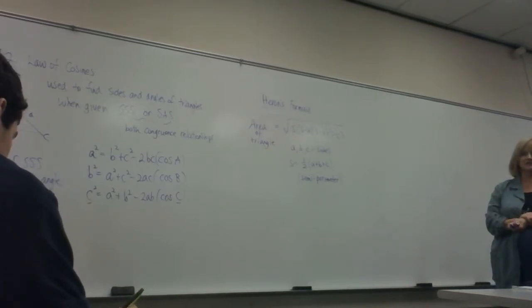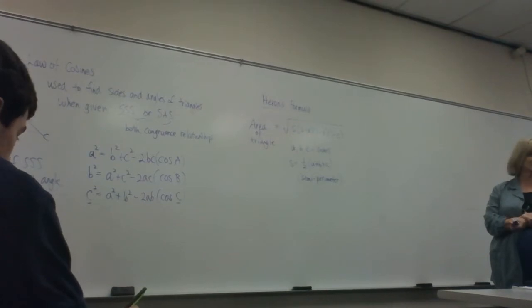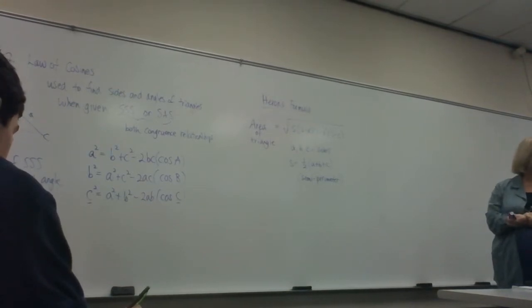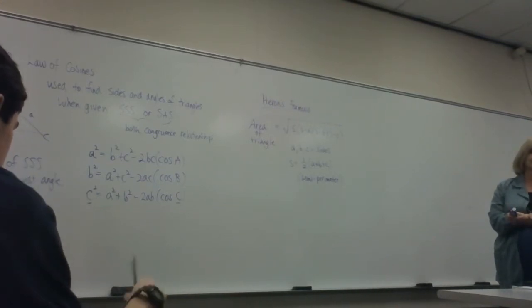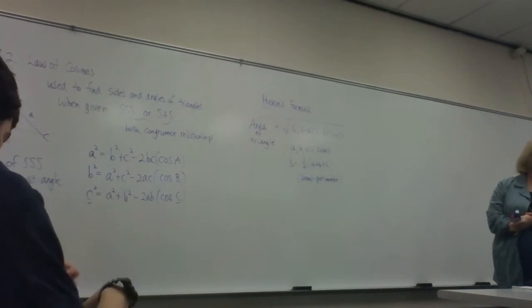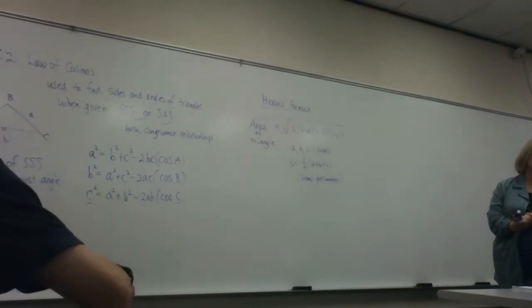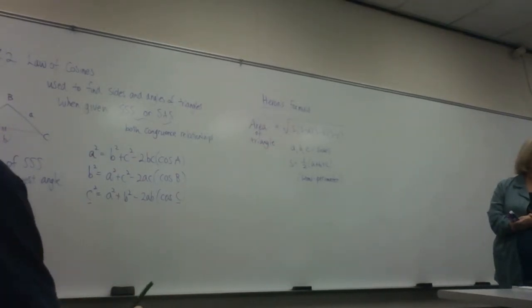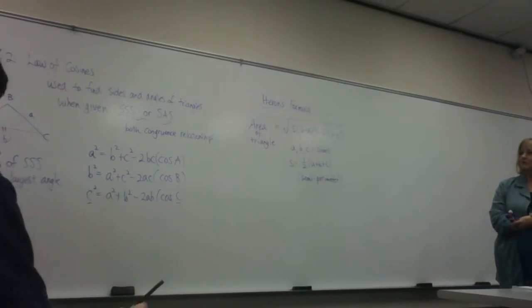So you find S, you take S minus A, S minus B, S minus C, multiply them all together, multiply that times S, take the square root of the whole thing, and you've got the area of the triangle. A little complicated, but you don't have to find the height that way, which could be doing some other trig and a system of equations, so it's going to be easier than that.